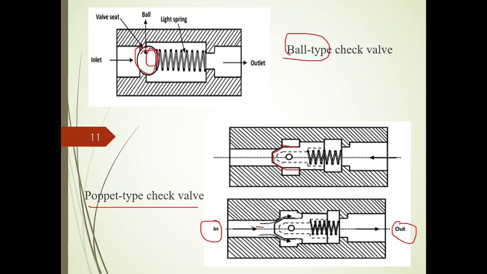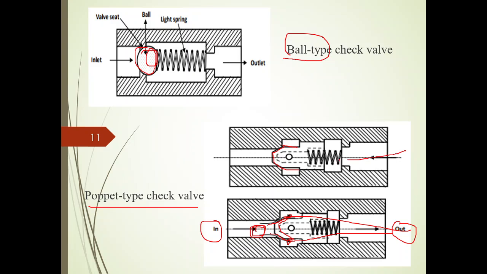Because whenever this pressure is more compared to this spring pressure, then obviously the poppet will come out of the seater. Then I will have the gap, which is shown with the help of the arrow mark here, right? Along with this arrow mark, the fluid flow will be taking place and I will be getting the flow at the outlet.